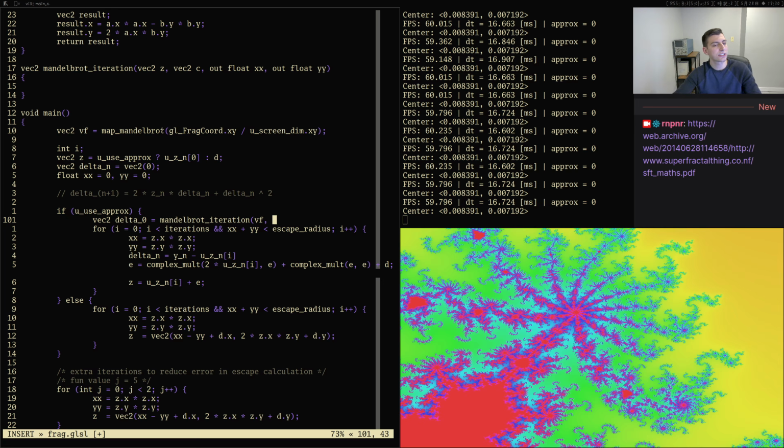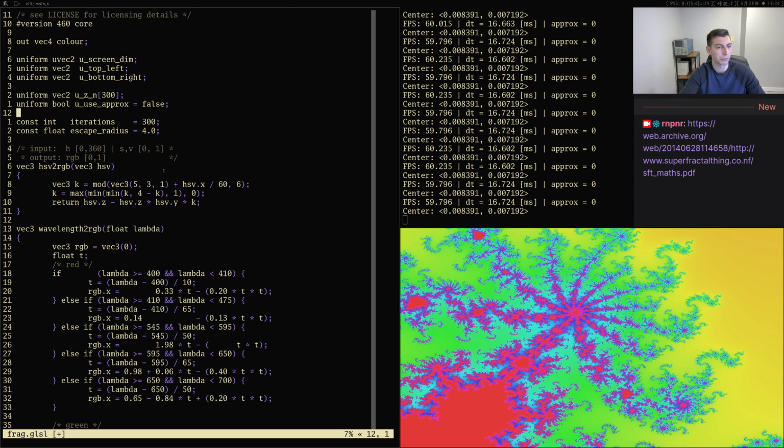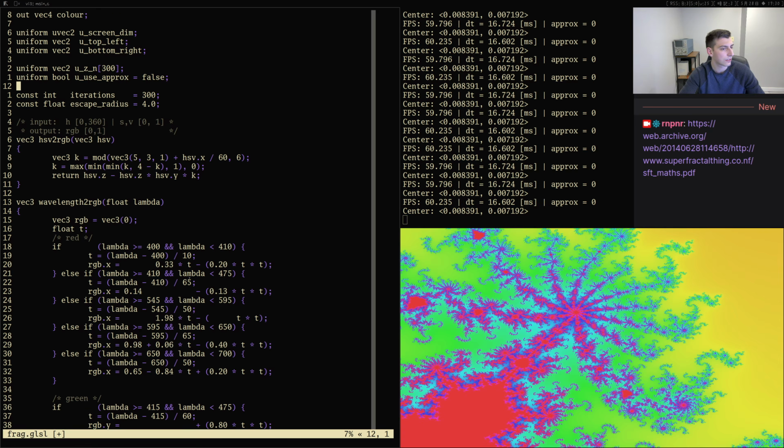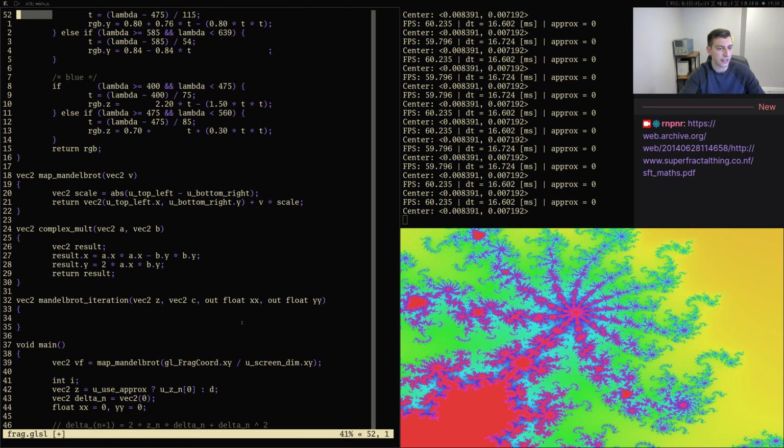Okay, sorry. So delta 0 is just vf minus the screen center, which I don't think I passed in as a parameter. I think we're just using x. Well, no, never mind. It is just that point minus z and 0.